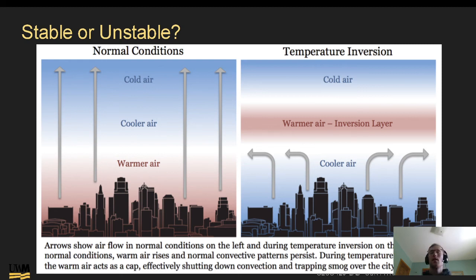There are other ways that you can think about stability too, based on the environmental lapse rate, which, like I said, is affected by a lot of different things, including the human-built environment, because buildings, concrete, and parking lots create a lot of warmer air, and sometimes inversion layers can occur.